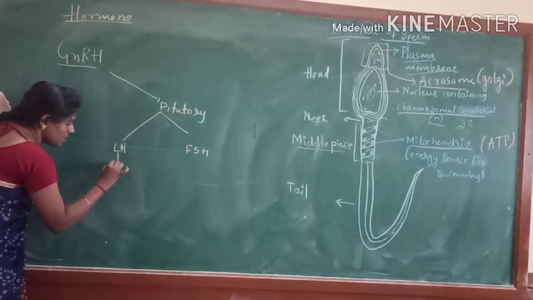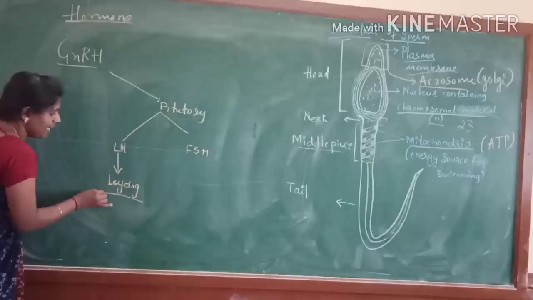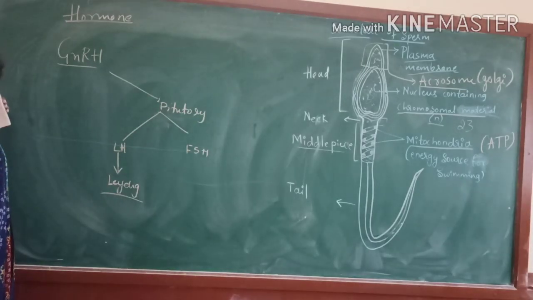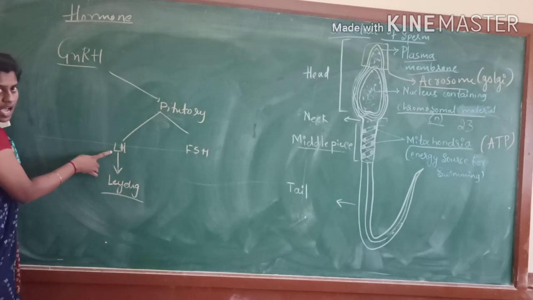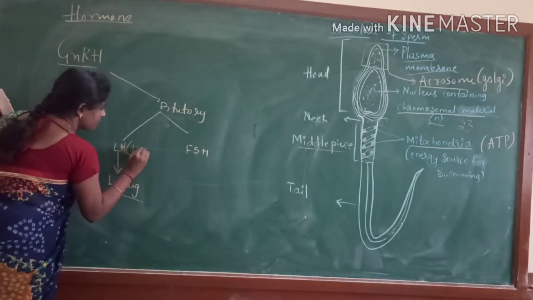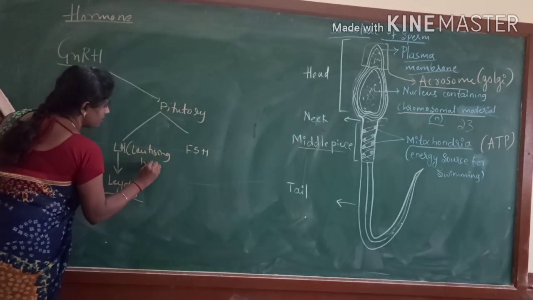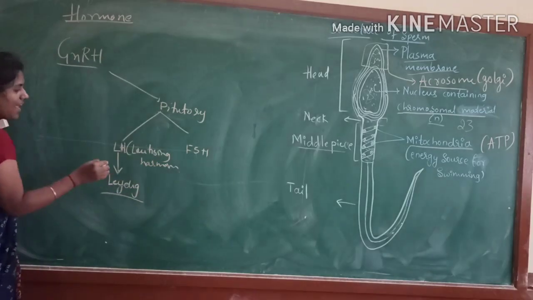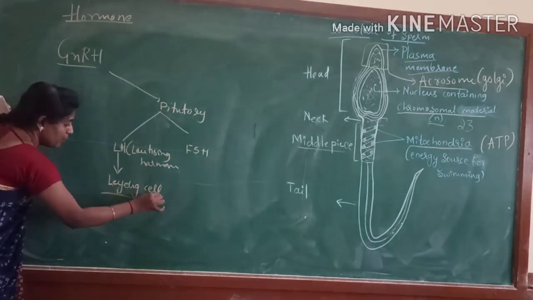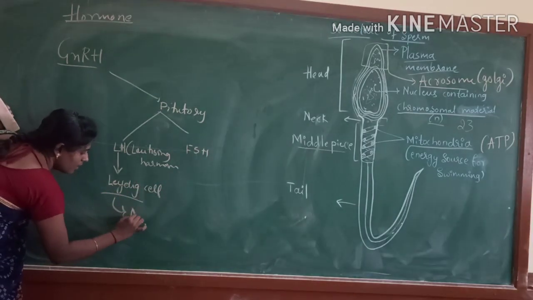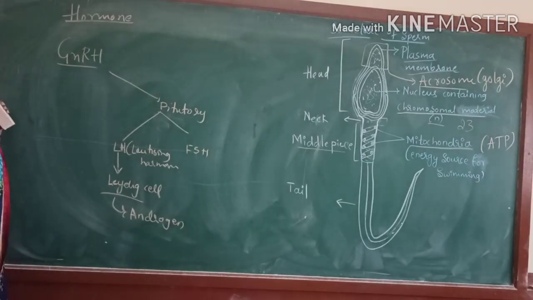LH is also called interstitial cell stimulating hormone. LH stimulates the Leydig cells, which are nothing but interstitial cells. LH means luteinizing hormone. Luteinizing hormone stimulates the Leydig cells to produce the hormone androgen or testosterone. Understood?